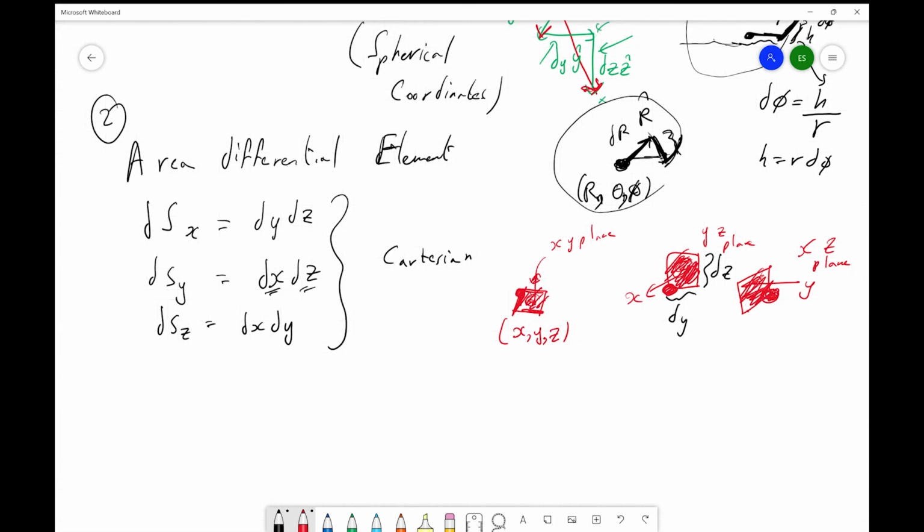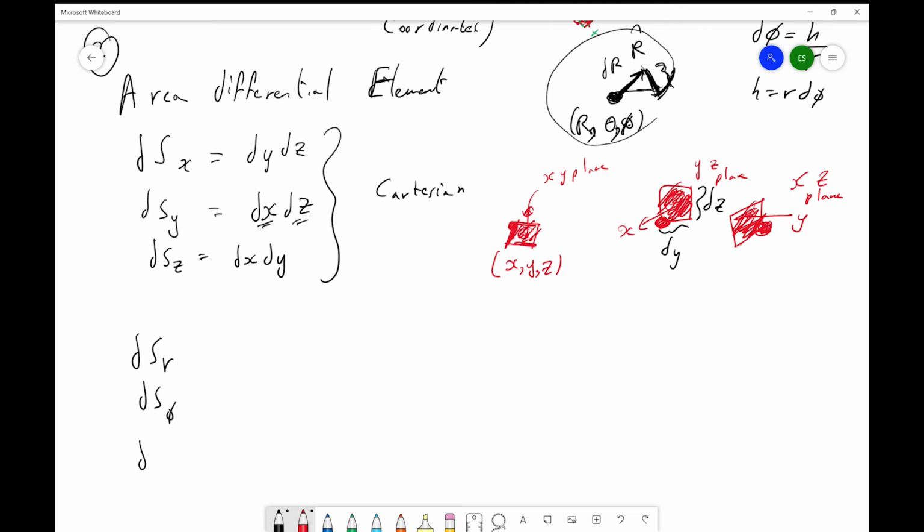However, we can also define cylindrical surface elements, dsr, ds phi, dsz. Essentially dsr means starting at a point, the surface area such that the small r axis is perpendicular to that surface area. Let me draw it like this.